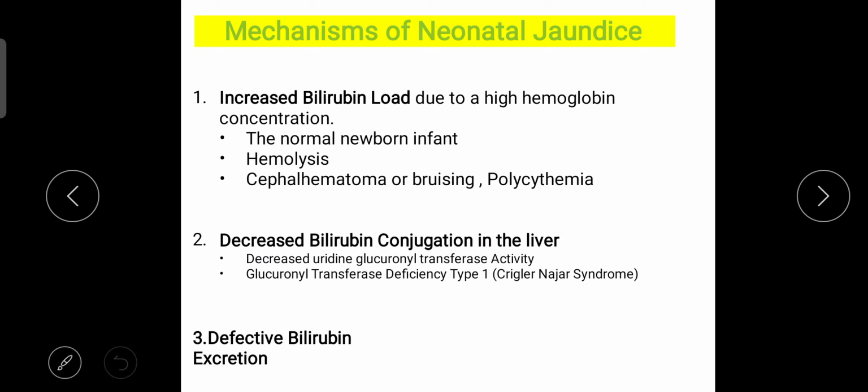Next one is the mechanism of neonatal jaundice. It has three parts. One is increased bilirubin load due to high hemoglobin concentration. One is decreased bilirubin conjugation in the liver. One is defective bilirubin excretion. The first one is increased bilirubin load due to high hemoglobin concentration.